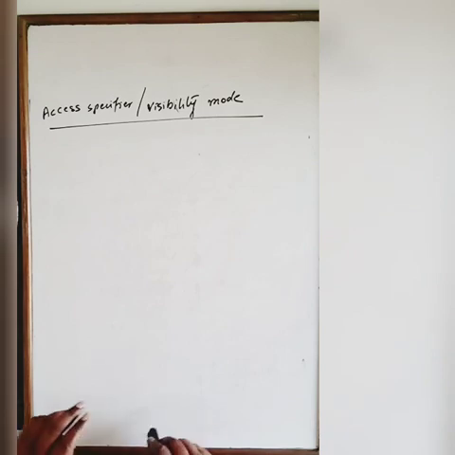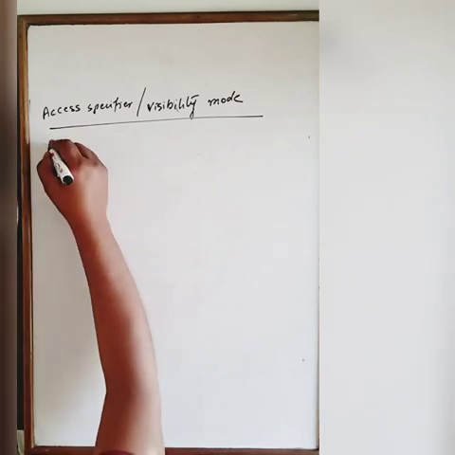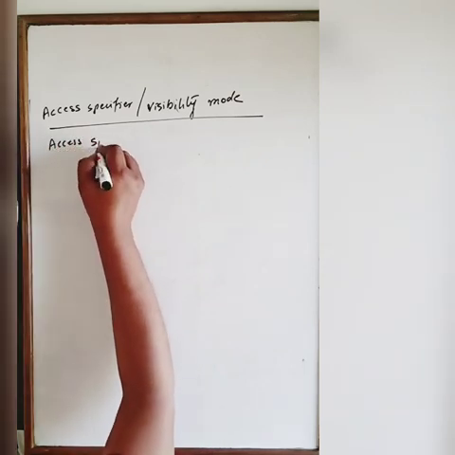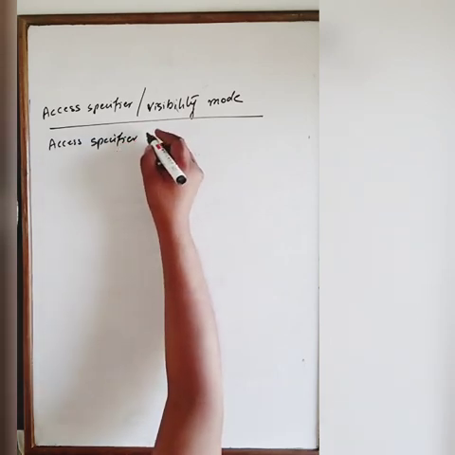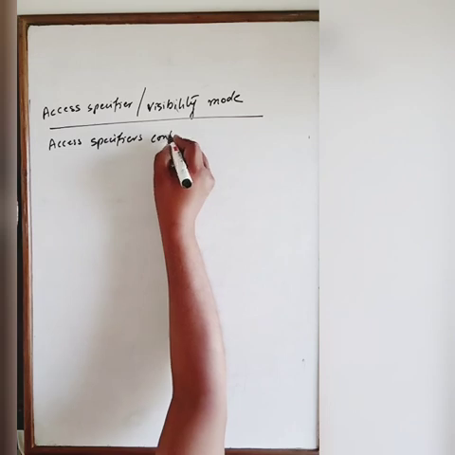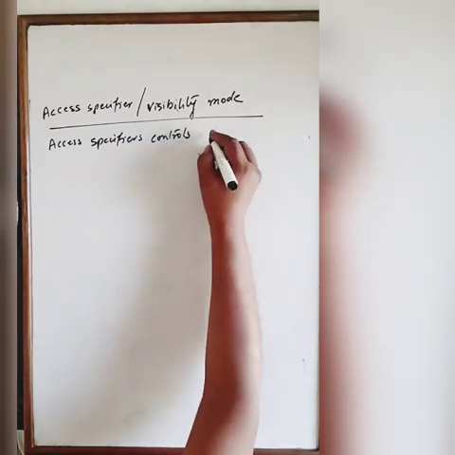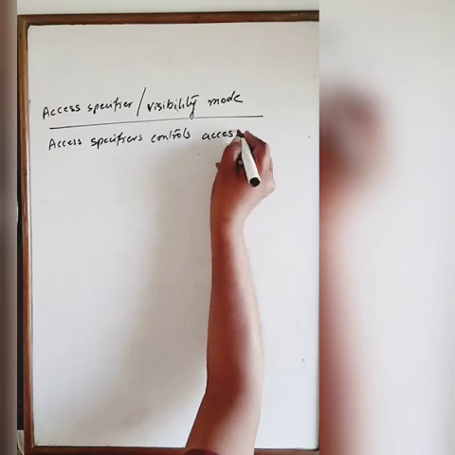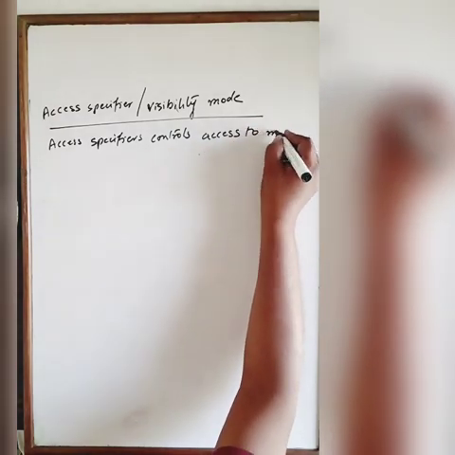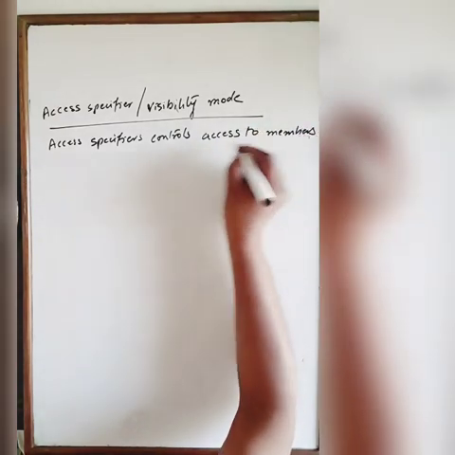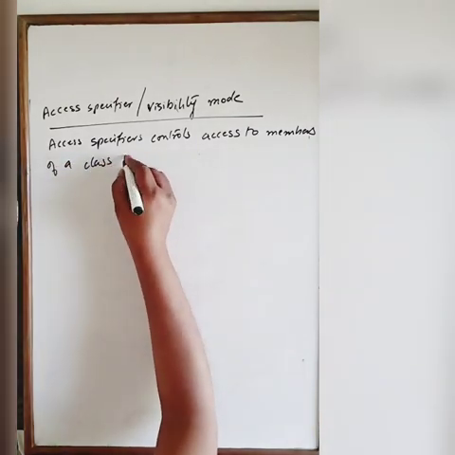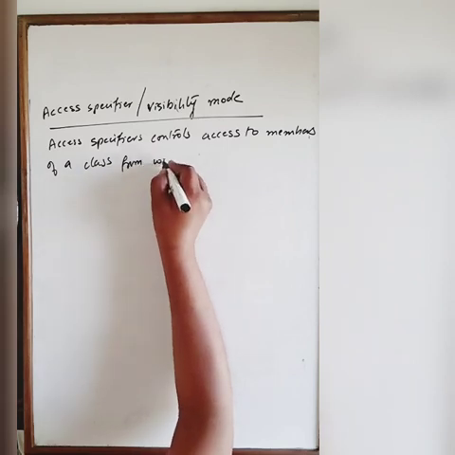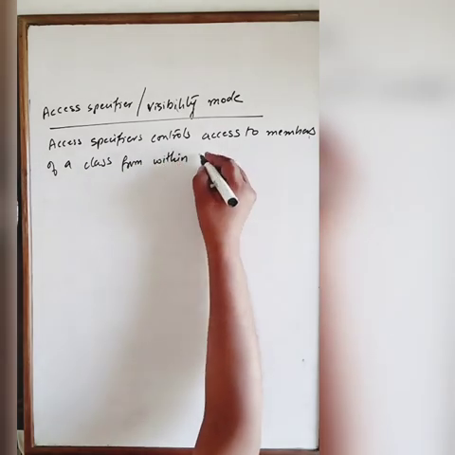Members can be either a variable or a function. Now, write a definition. Access specifiers control access to members of a class from within a Java program.